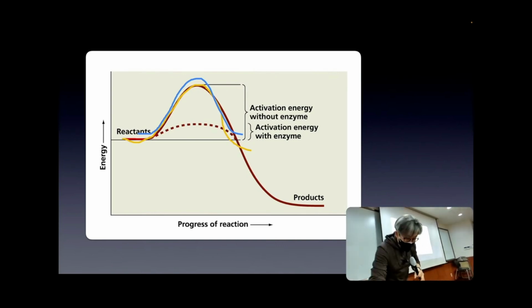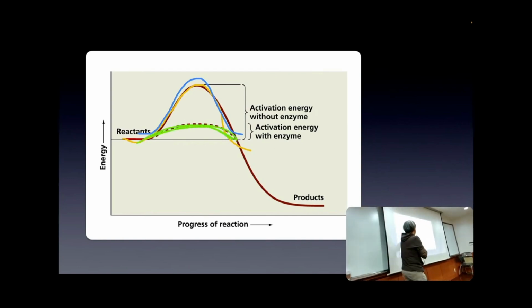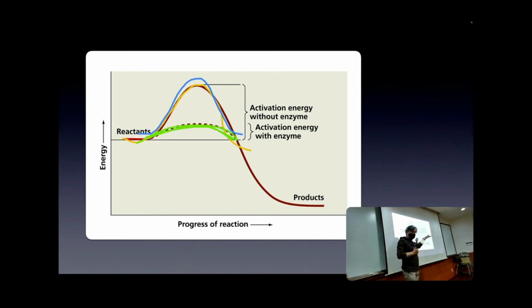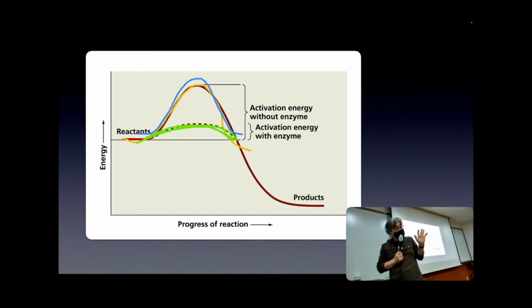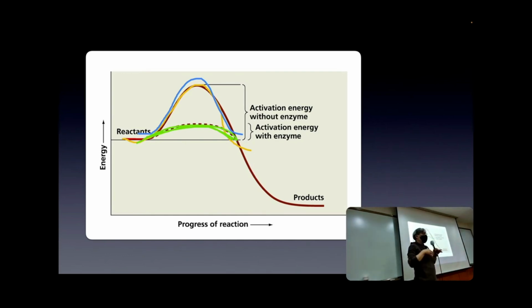But if there is an enzyme, the enzyme can reduce this whole thing to a manageable amount. That's how an enzyme can lower the activation energy. And practically, what reducing the activation energy gives us is speeding up.